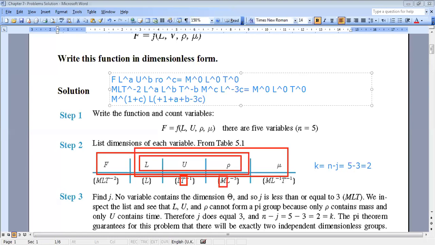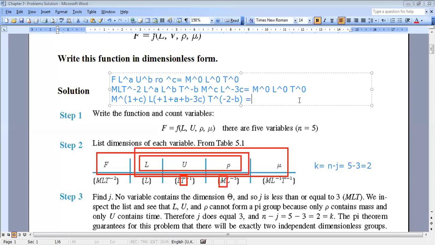So this is the coefficient of L. And finally for T, what is the coefficient? From the first one, it's minus 2. Then from the velocity I have T to the minus B, so minus B, and that's it. For T, I have these two only. This should be equal from the other side to M0, L0, T0.